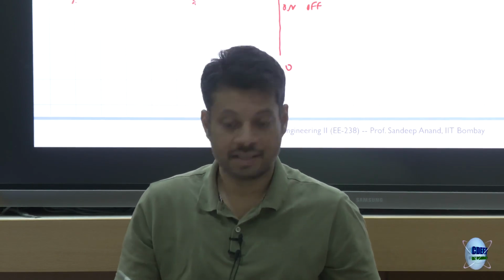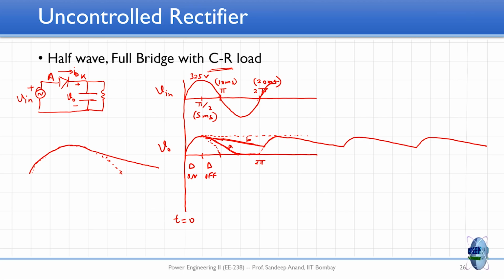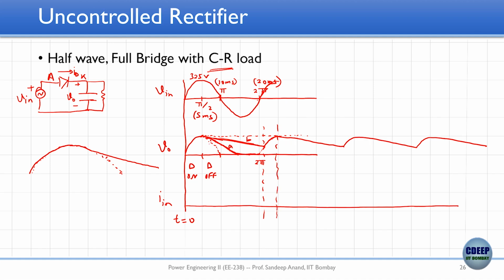Okay, now what happens is, if I draw the input current, and I look at case B, this is the region when the diode is conducting. The diode is only conducting in this region, so you can have current only in this region. Everywhere else the current will be 0.